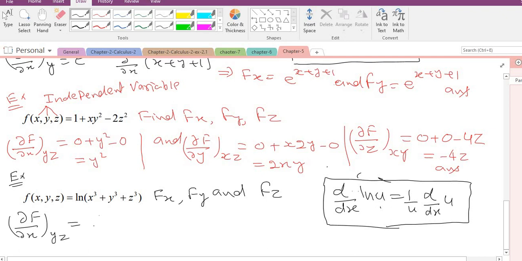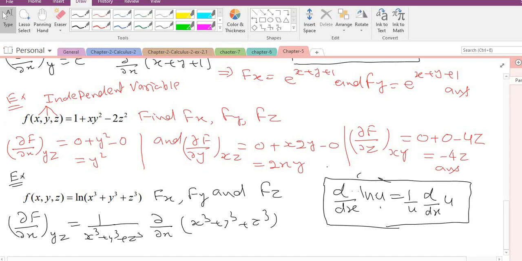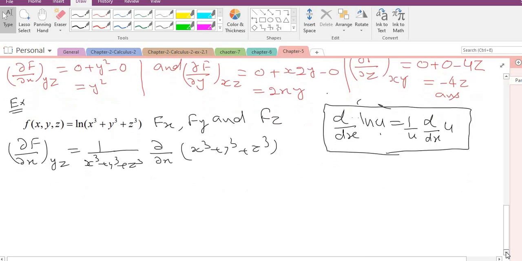So 1 divided by u, that means x power 3 plus y power 3 plus z power 3, and then del x of x power 3 plus y power 3 plus z power 3. With respect to x, y is treated as constant and z is also treated as constant, so the derivative of those terms will be 0.